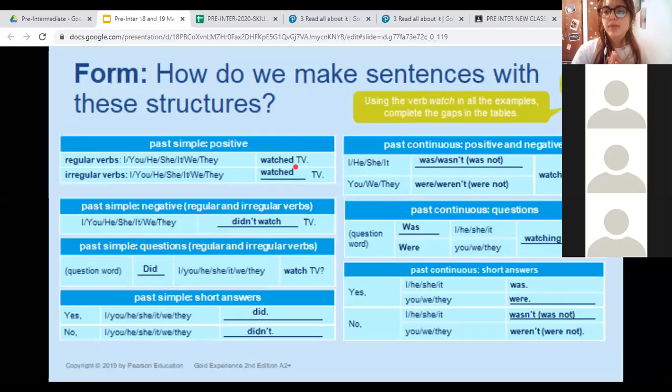But what happens if the verb is irregular? For example, see. It's changed. We do not add ed. What happens? There was.